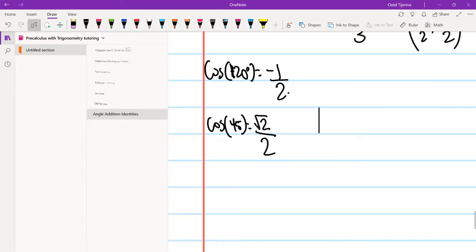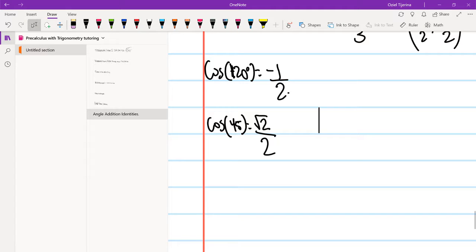And the sine of 45 degrees is the square root of 2 over 2. And then the sine of 120 degrees would be the square root of 3 over 2, since it's positive.